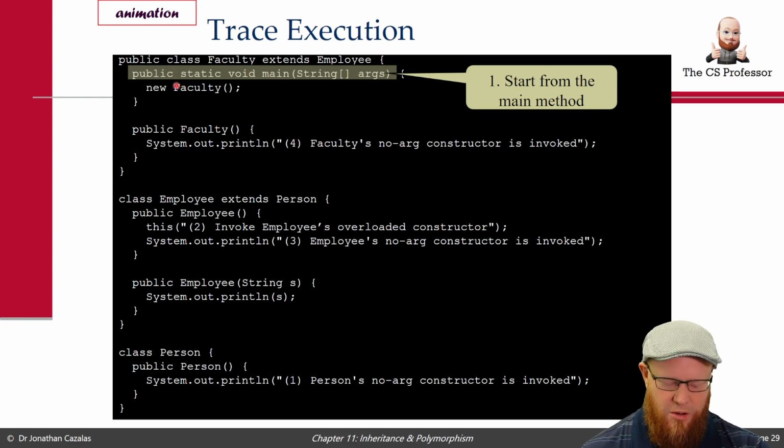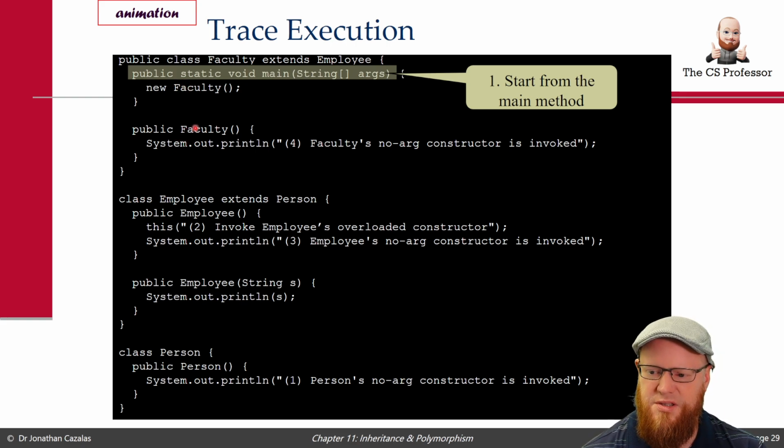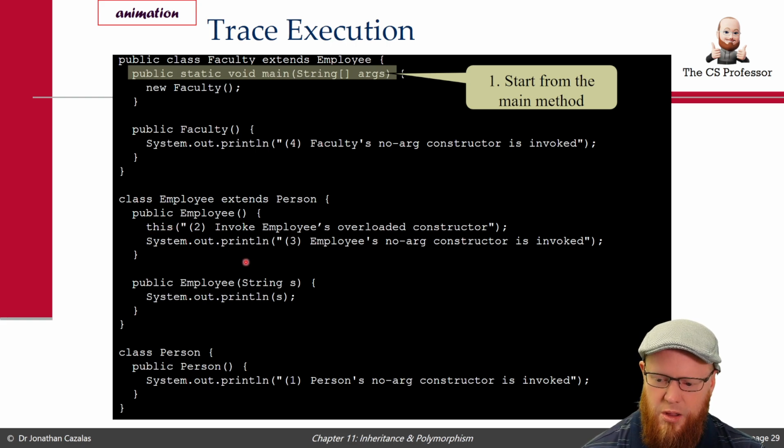So here, without even clicking the keyboard to move along, we're calling a new faculty. That brings us to here. This new faculty, before I can print, I have a super right here, which calls employee's no arg constructor. And here, I don't have a super because I have a this. So here, this is calling the overloaded constructor of employee. And we sent over that string, bringing us to here.